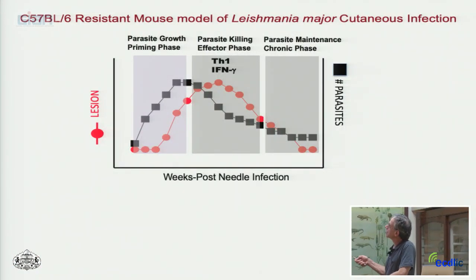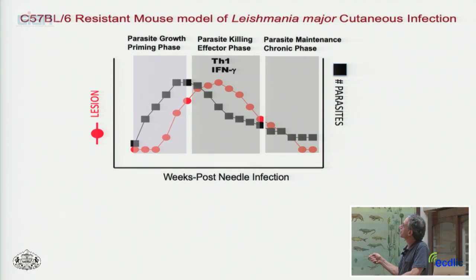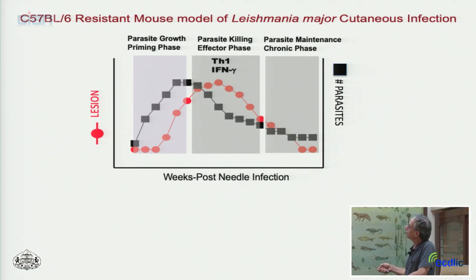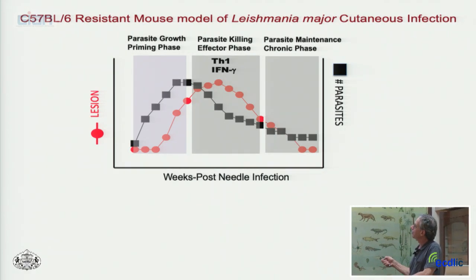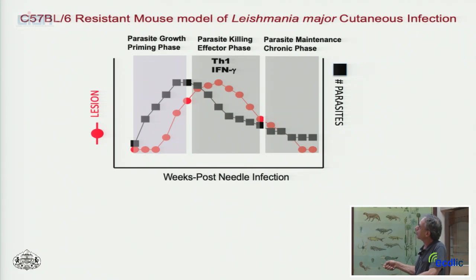Okay, another look at this mouse model, this C57BL/6 resistant mouse model. And we sort of divided it into 3 phases of infection. The initial phase, which can last some weeks, is parasite growth and the T-cell priming phase. So in black is parasite growth, in red is lesion development.